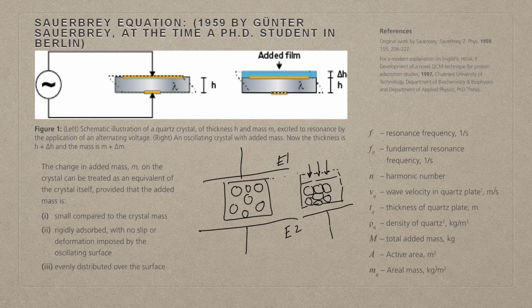and this is your E1, this is your E2, and this is the zone where you will observe a change in either the voltage or the current across this material.